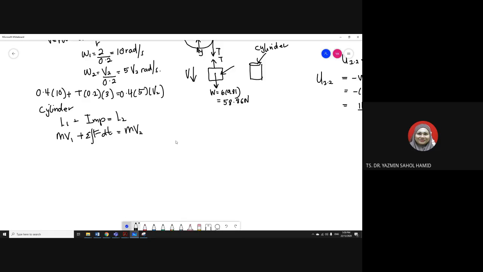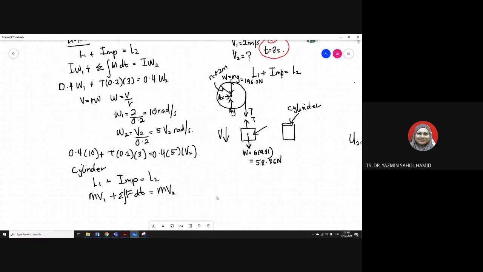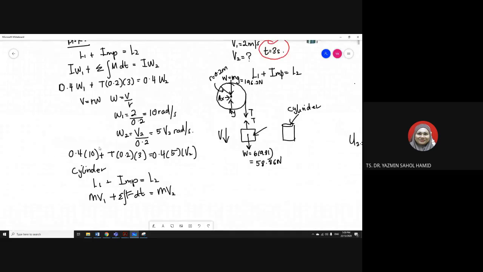Okay, wait. Before that, I tertinggal. When you write down this equation, you must have a direction of movement, how you assume. Okay, now go back to the diagram atas ni.